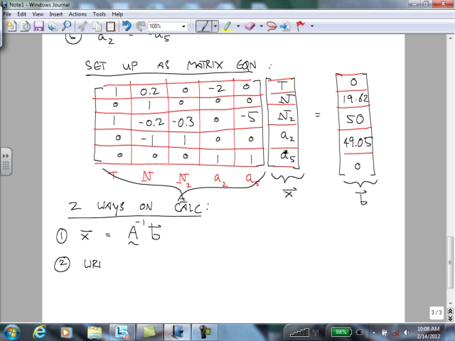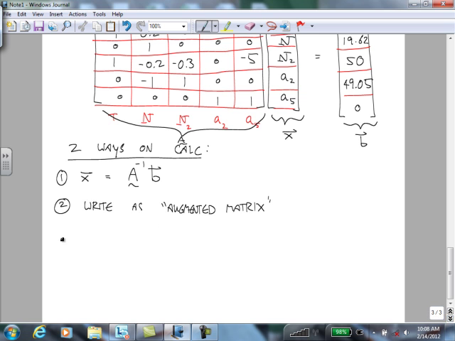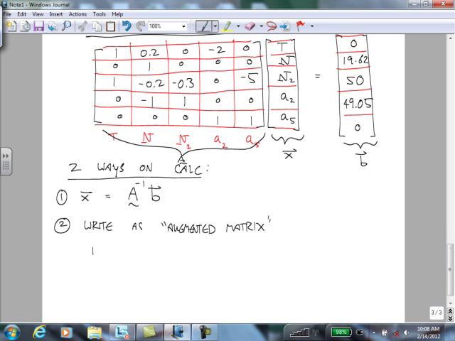The second way you can do this is write this equation as an augmented matrix, it's called. Which in this case would be 1, 0.2, 0, -2, 0, 0. So write this whole matrix and then add this vector of constants on as an additional column.